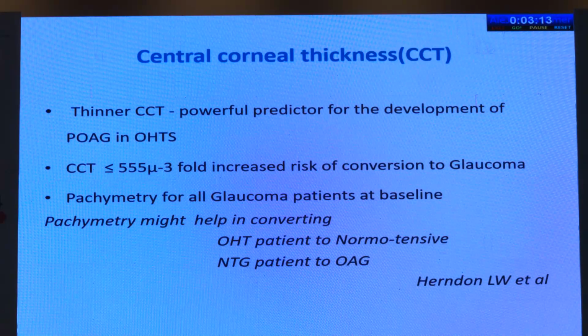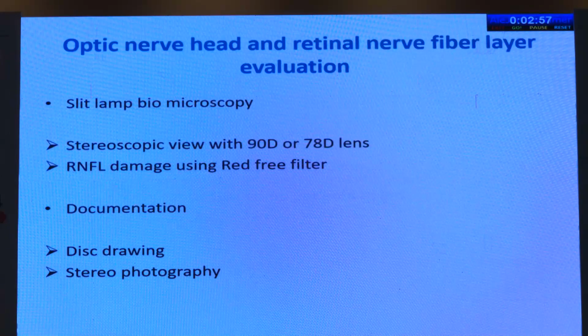Now, thinner cornea is another important risk factor for progression to glaucoma, and pachymetry is a must for all patients at baseline. And if you do pachymetry, you will see that the ocular hypertensive patient is actually a normotensive patient, and the NTG patient is actually an open-angle glaucoma patient. Now, optic nerve head should be evaluated thoroughly.